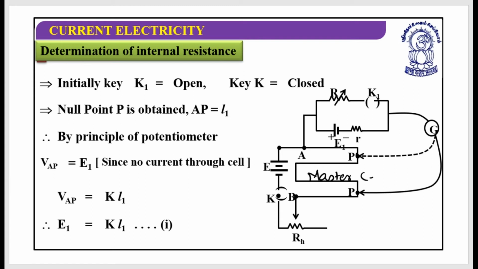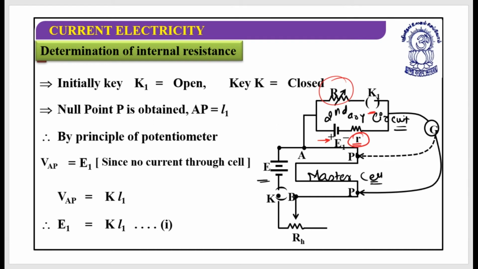This is the master cell, and this is the secondary circuit, and the supply has been connected, and we have one cell over here. This is the internal resistance, which is what we are working to find. Here a rheostat has been connected, this is the variable resistance R, and here a switch is connected.